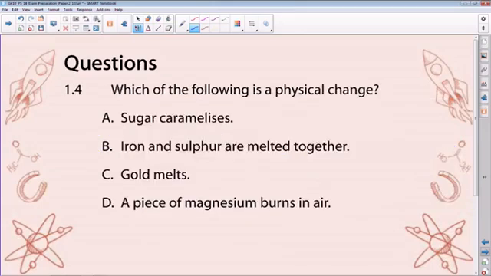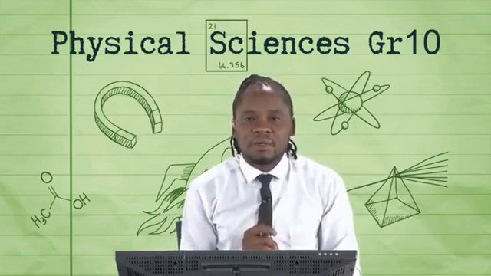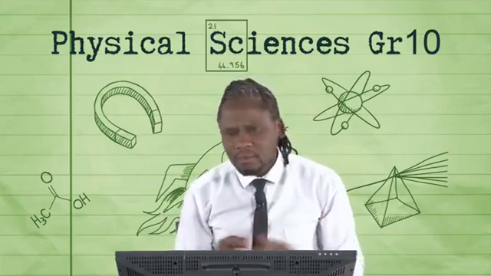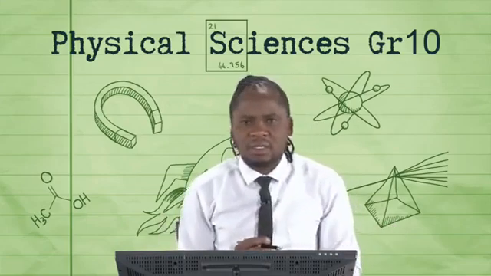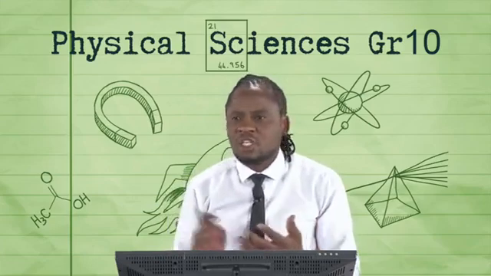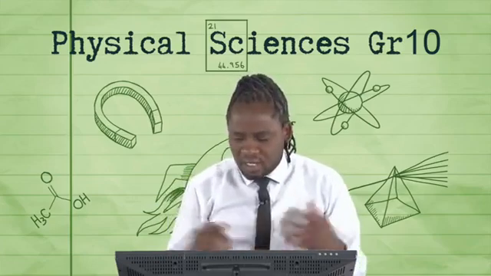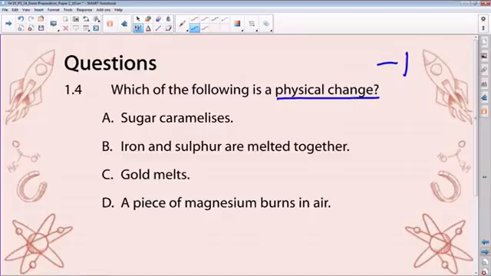Okay, now which of the following is a physical change? Then we need to remind ourselves what exactly a physical change is all about. In a physical change, the mass of the substances remains the same. It can have a color change, shape, or even state or phase change. So a physical change can be a change of phase, right?